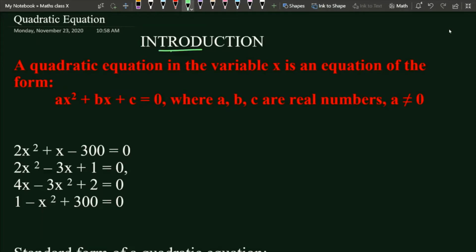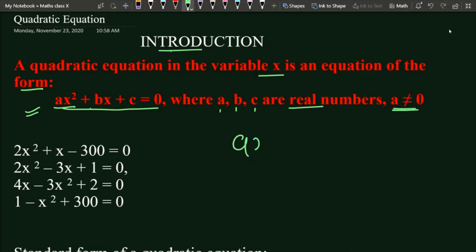A quadratic equation in the variable x is an equation of the form ax square plus bx plus c equals 0, where a, b, c are real numbers. Remember that a, b, c are real numbers, and a is not equal to 0.